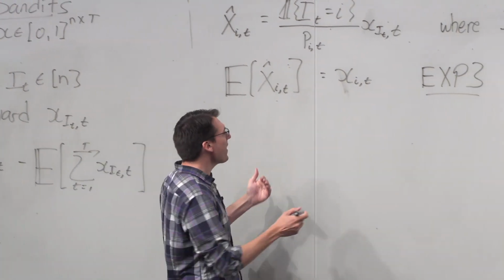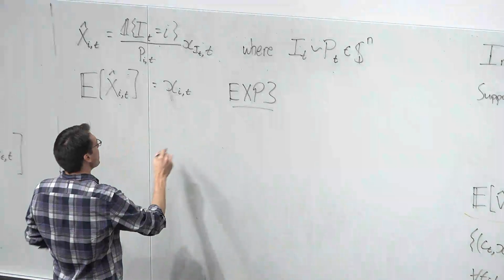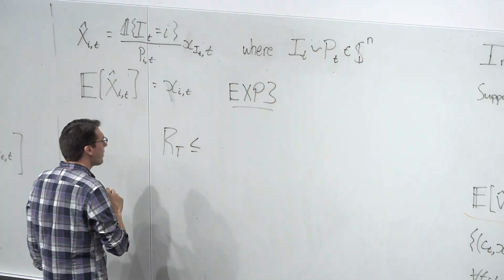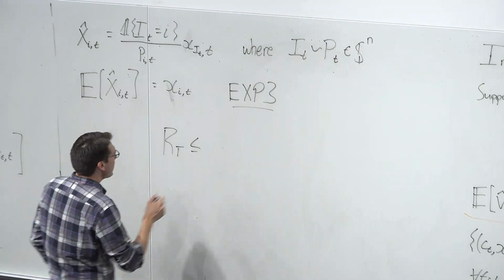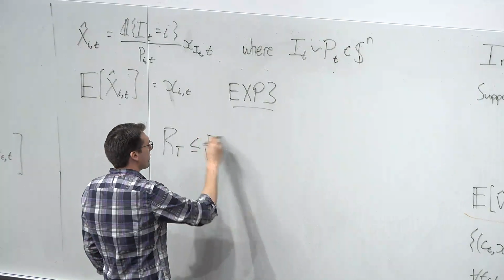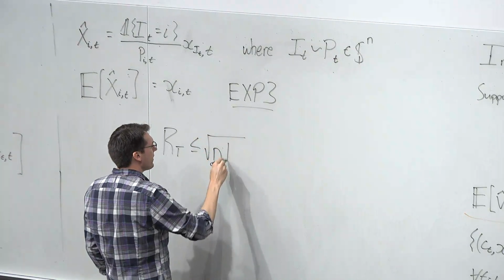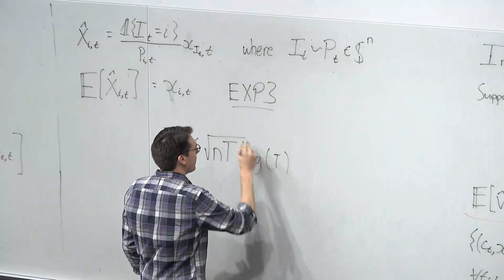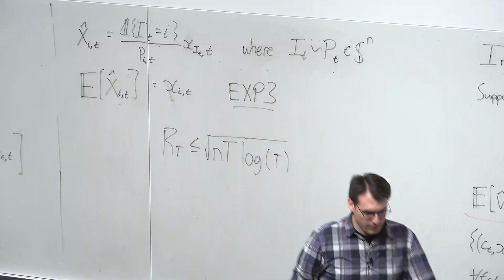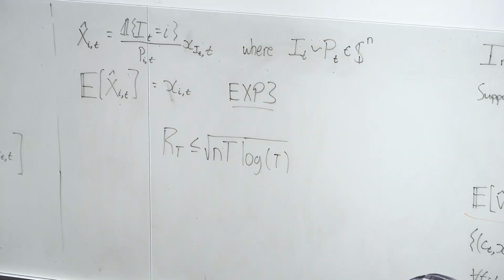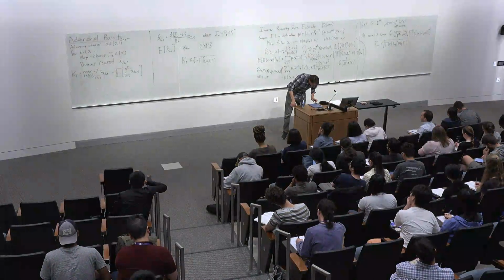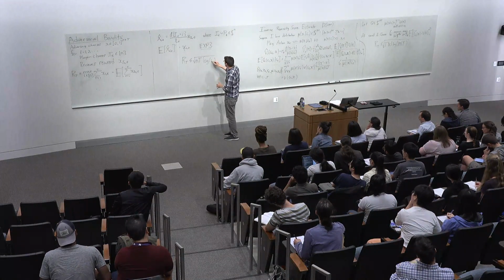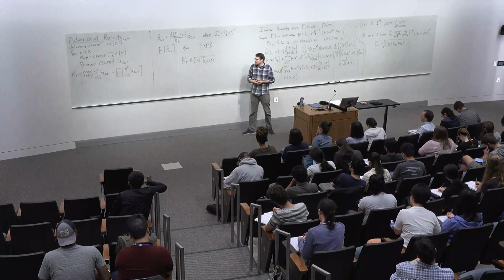The remarkable fact here, though, is that if you play this algorithm, you can show that the regret is less than or equal to square root of n T log T. No, it's even better than that: square root of n T log n.